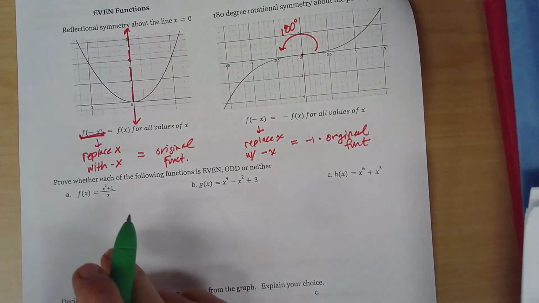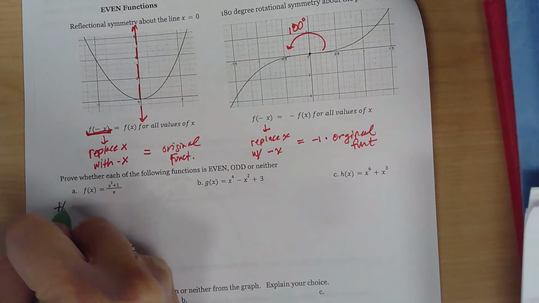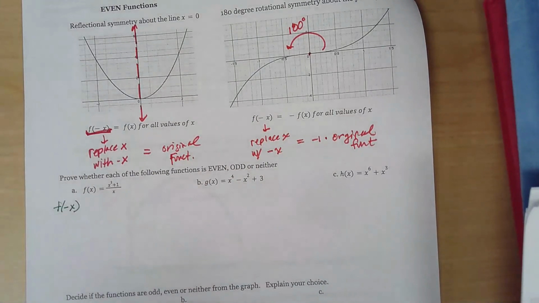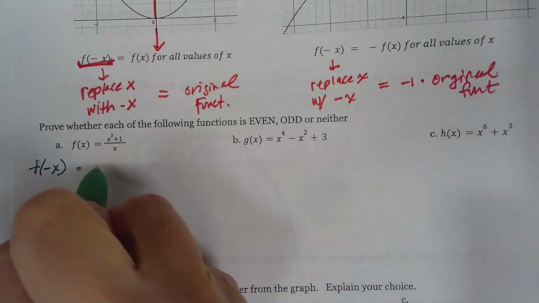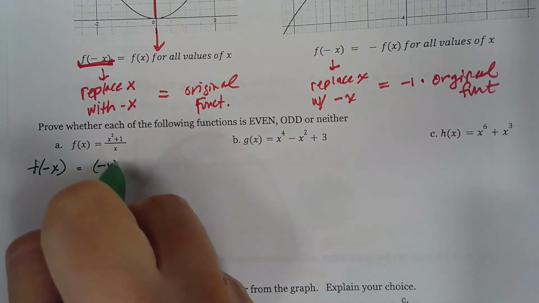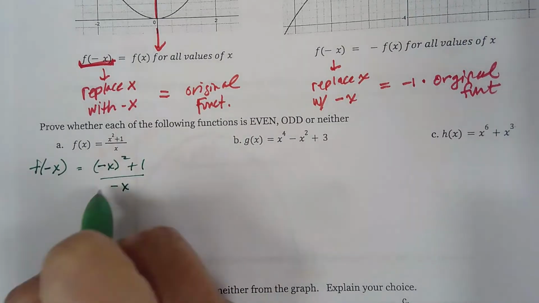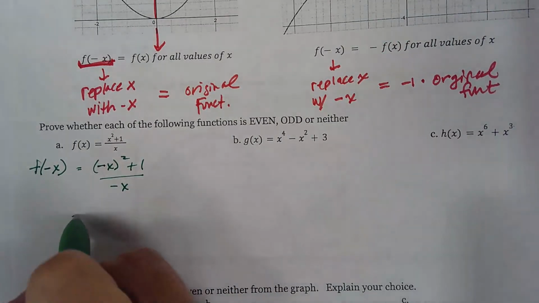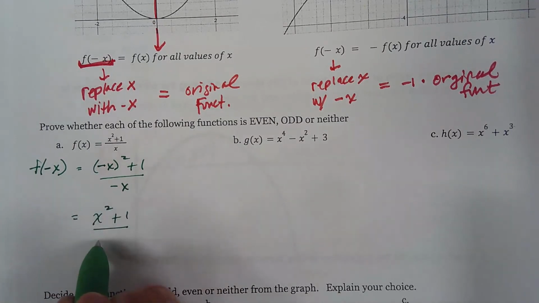All right, so on this one, prove whether or not these are even or odd. All I want you to do is input negative x in place of x. So instead of x squared, you're going to say negative x squared plus 1 over negative x. Now simplify. Negative x squared is just x squared, plus 1 over negative x.